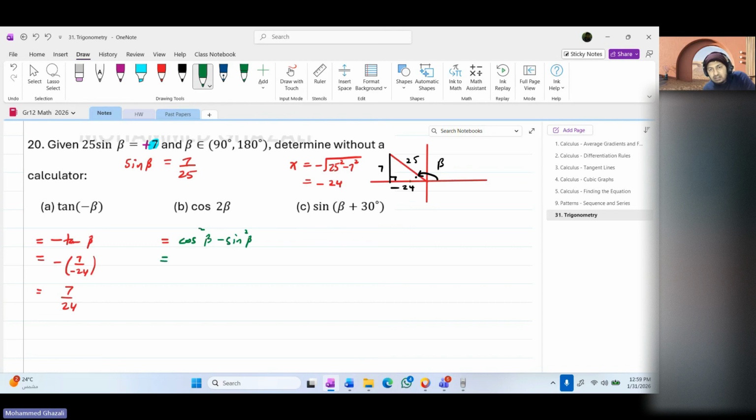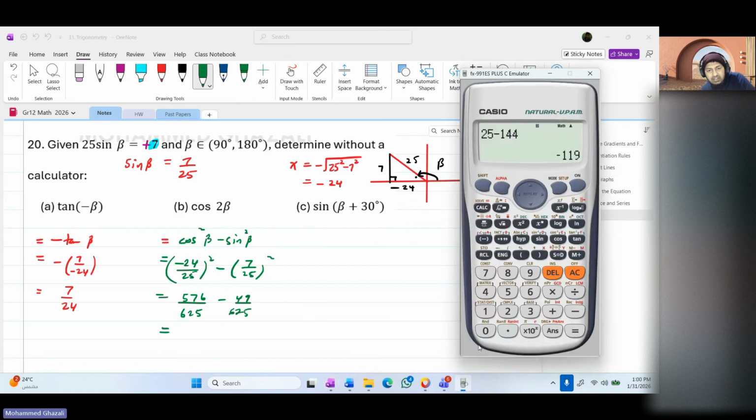So what is cos? Cos is adjacent over hypotenuse, negative 24 over 25 squared, minus sine, which is opposite over hypotenuse, 7 over 25 squared. 24 squared is 576 over 625 minus 49 over 625, okay?